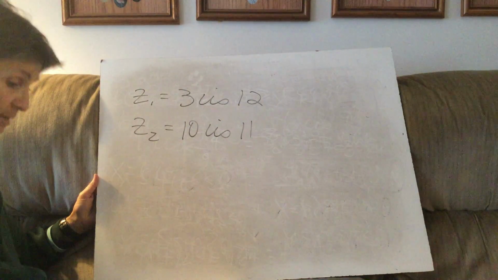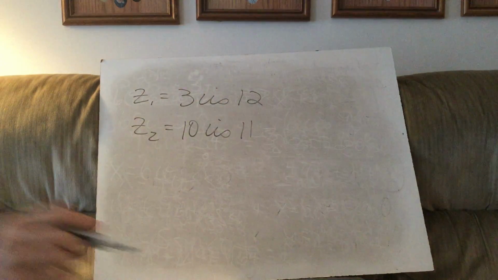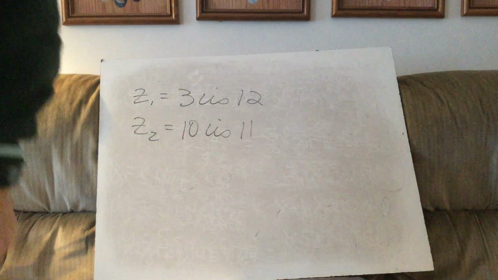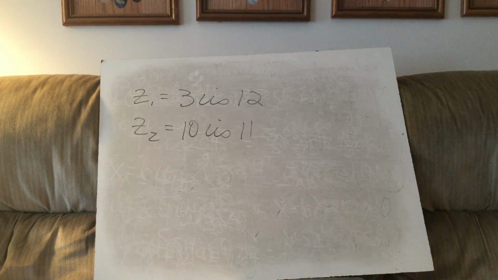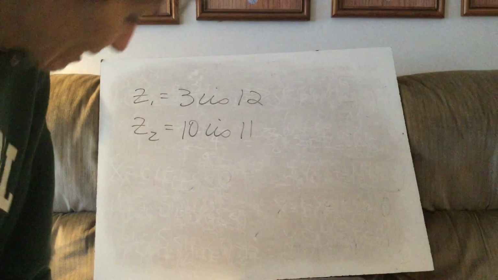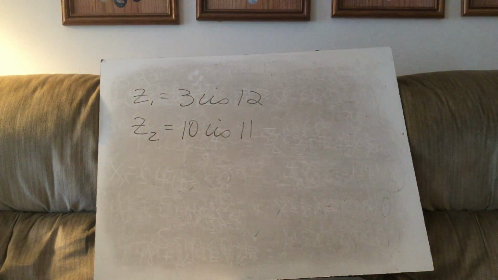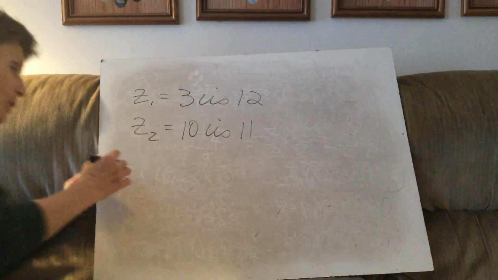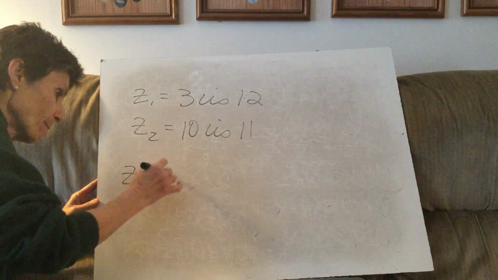Make sure I copied that right. Yep. So Z sub 1 and Z sub 2 are simply the names that we have given these numbers so that we can refer to them without having to write out the whole number. So this is Z sub 1 and this is Z sub 2. And we're going to multiply those two numbers.